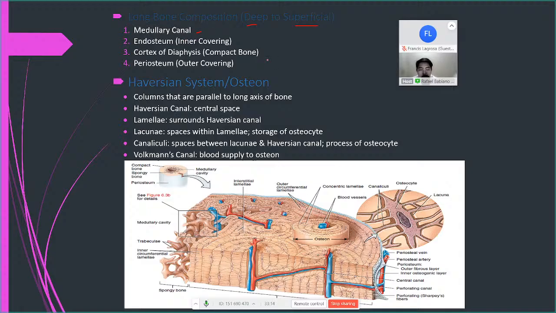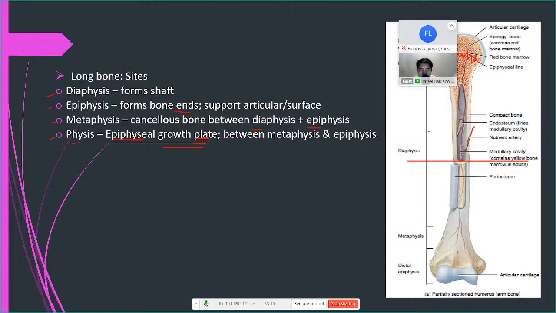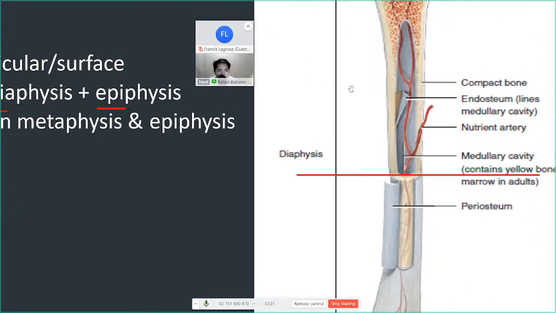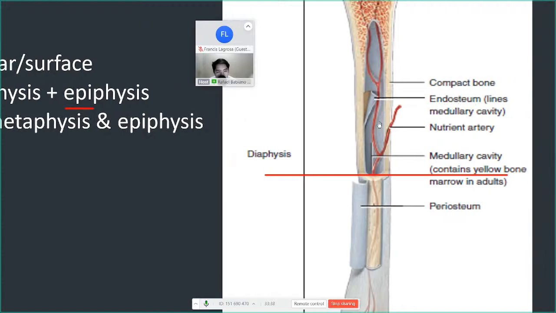If you can see here, this hole or this space in the middle is the medullary canal or cavity. The inner hollow space is lined with the endosteum. Right here, endosteum. You can see here, it is peeled, the lining inside.